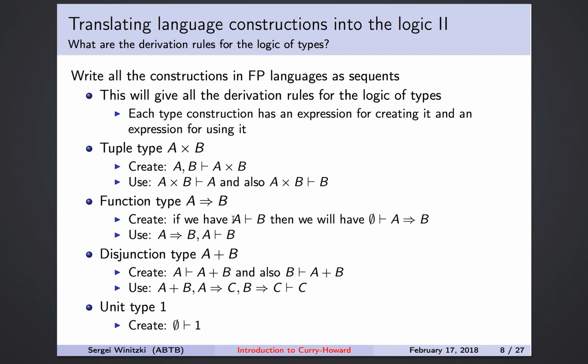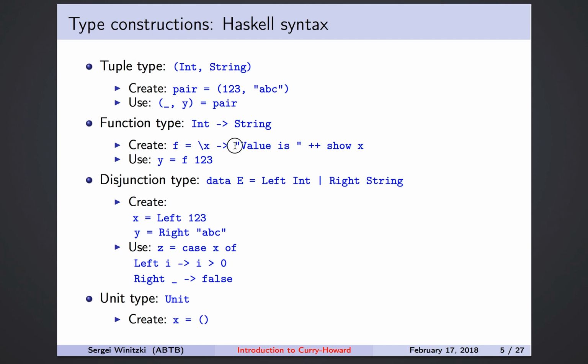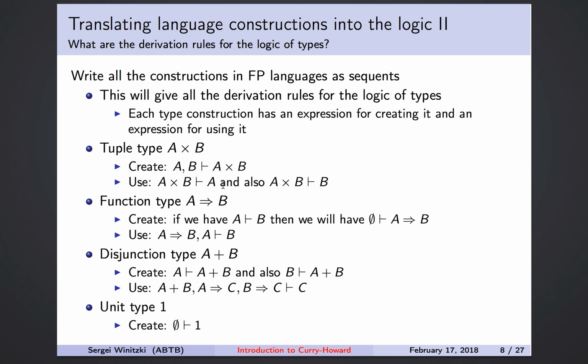For the function type, we have an interesting situation, that the function type requires a body of the function to be created. So the body of the function needs to be already an expression that must have been possible to write. And so this expression is another sequent that we must already somehow have established that it can be written.